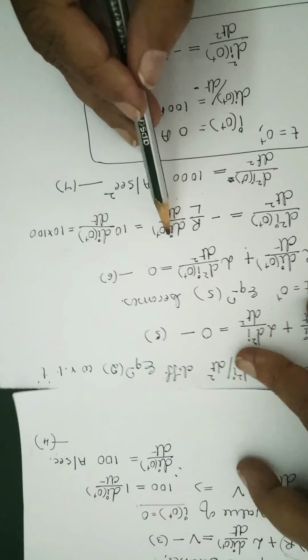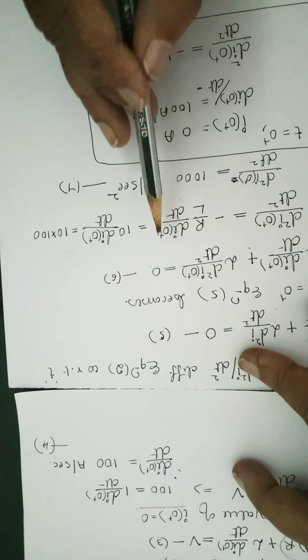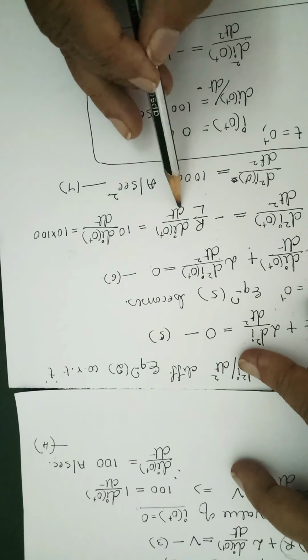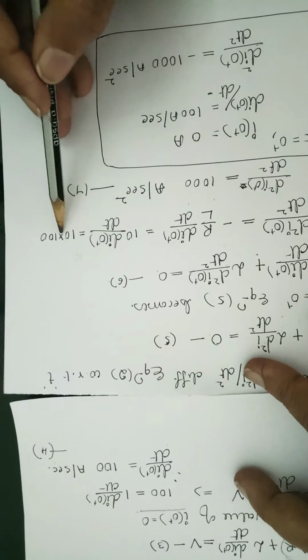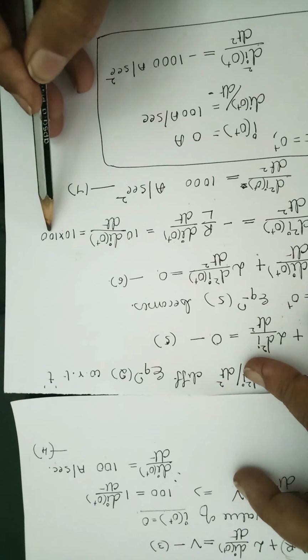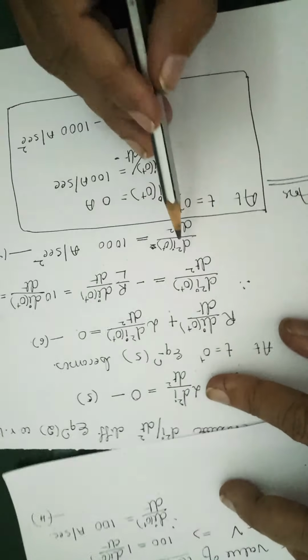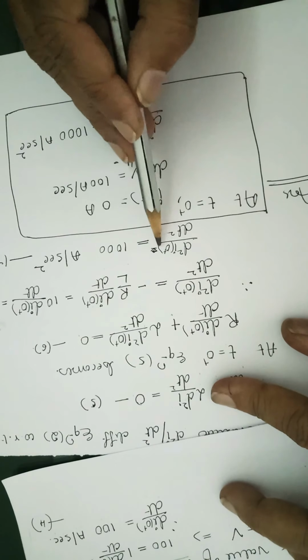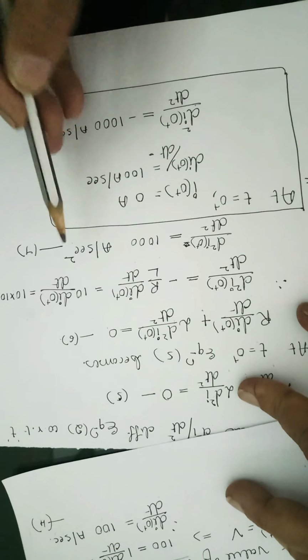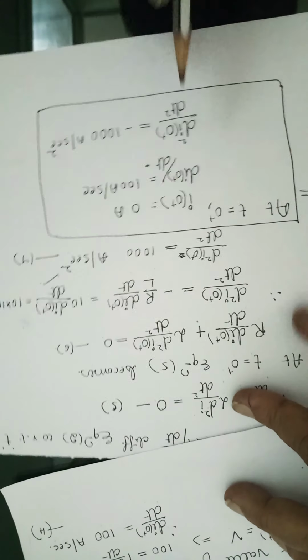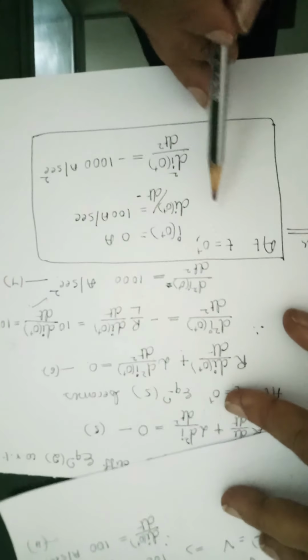Substitute the value of di(0 plus)/dt, we will get 100 into 10, that is d²i(0 plus)/dt² equal to 1000 amperes per second squared. Thus, the complete solution of this problem.